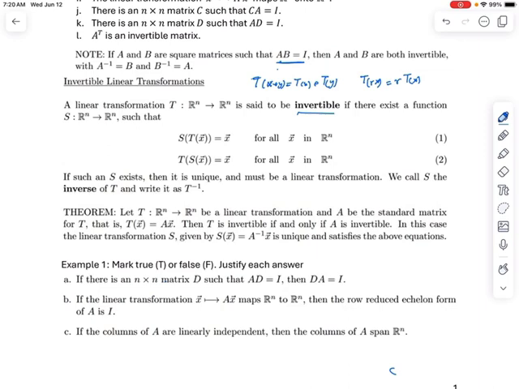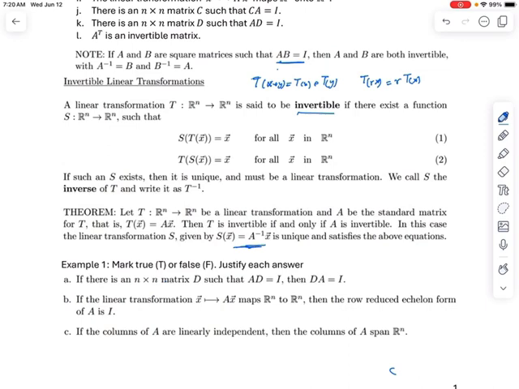In this case the inverse linear transformation S is given by S of x equals A inverse x. Remember, we can find the inverse transformation by multiplying x by A inverse instead.